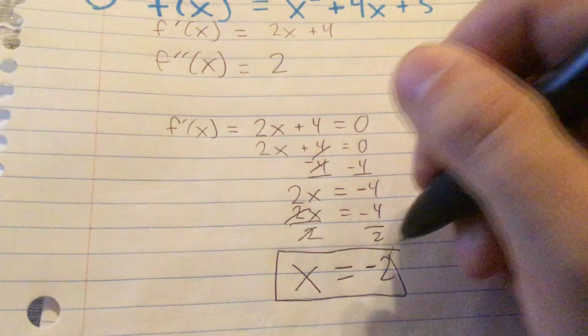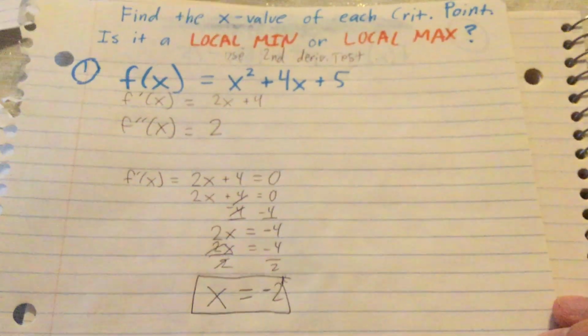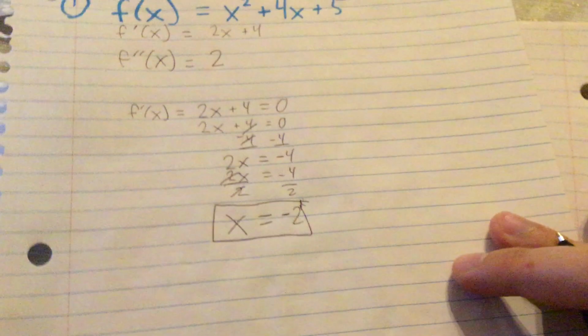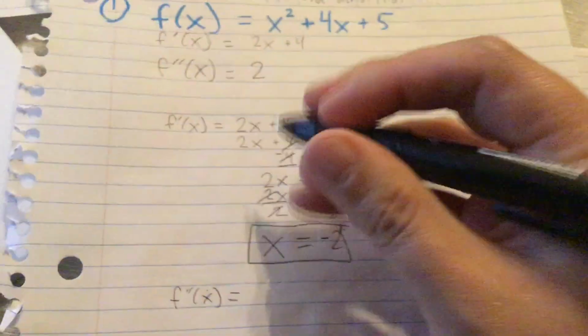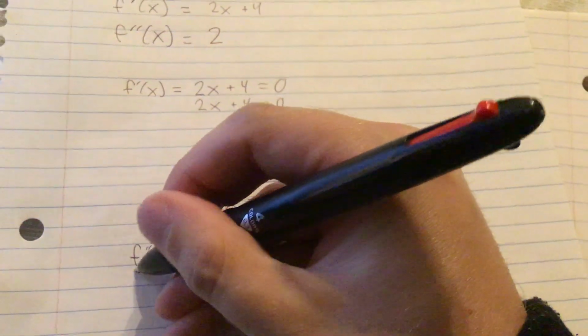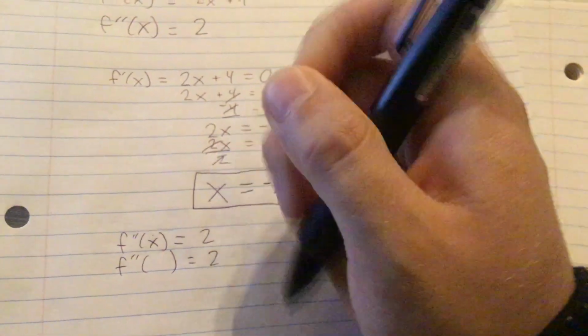So that x value is the x-coordinate of a critical point. And then what we would do normally is take f double prime of x, and that would be 2. And then we would normally plug in f double prime of whatever that x value is, but there's nothing to input.